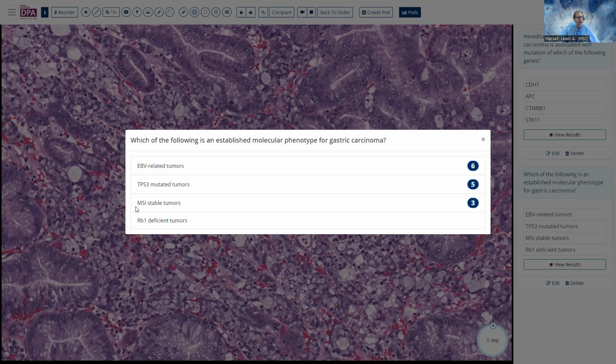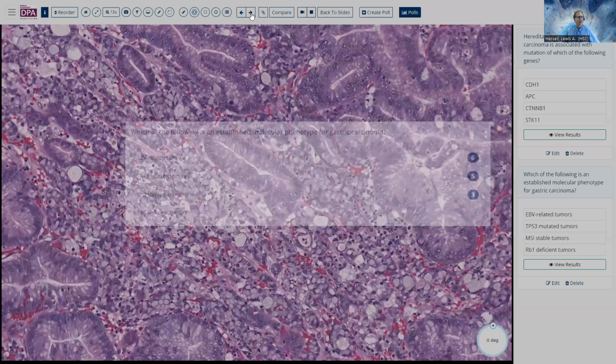And while microsatellite instability is a factor here, it's not the microsatellite stable tumors that you want to identify. It's the ones that have instability or MSI high, some loss of mismatch repair capability, not RB1. So if you recognize that some of these things were associated, you were close, but you do need to think more in terms of the four main categories of molecular phenotypes in gastric cancers.